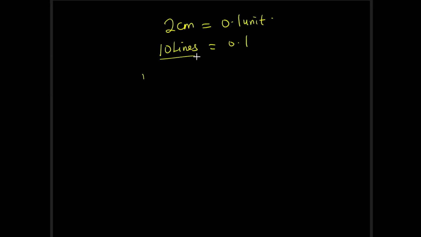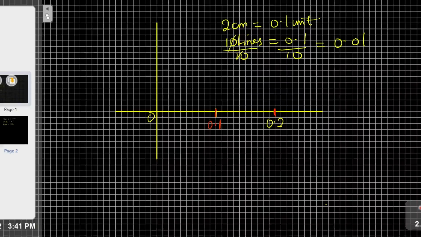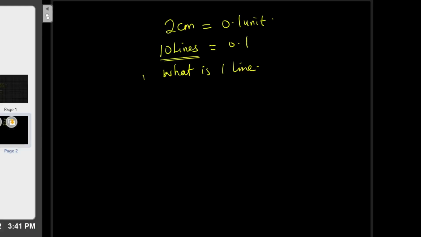Now, if 10 lines is 0.1, then what is one line? Look at what I mean. If you say from here all the way to this place is 10 lines, what is all this one line representing? And that is what I want to explain.